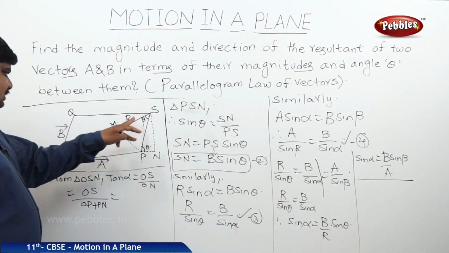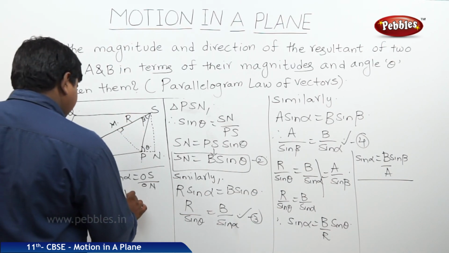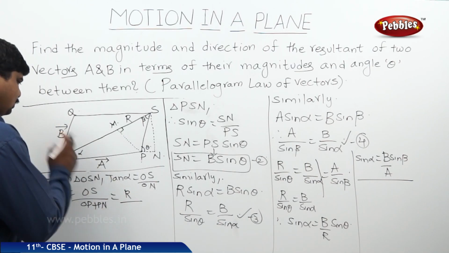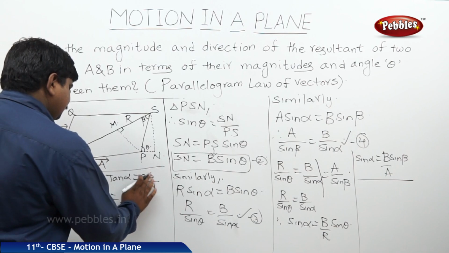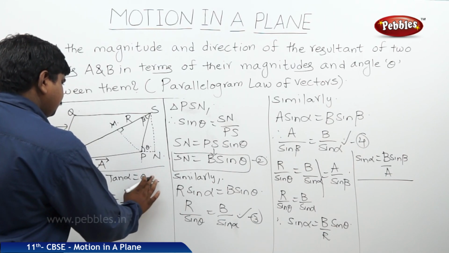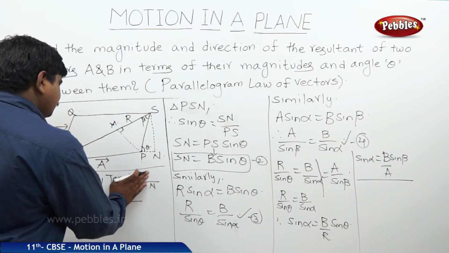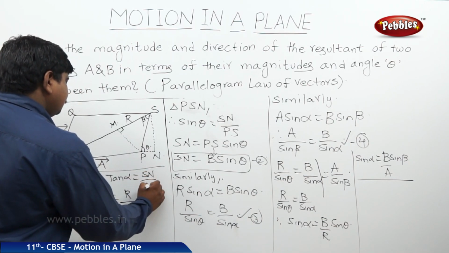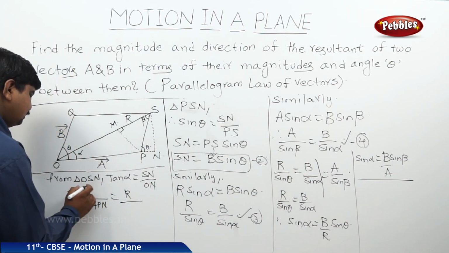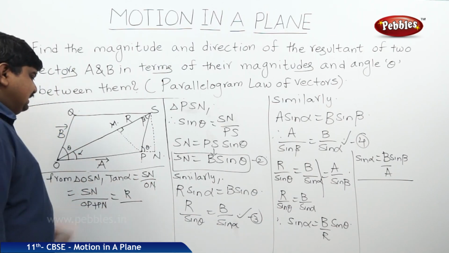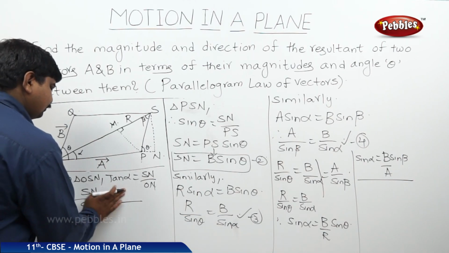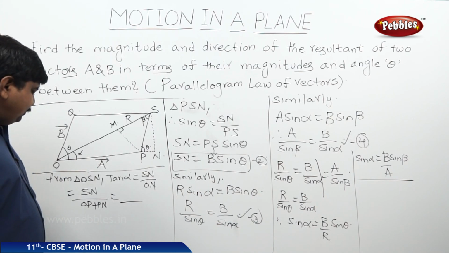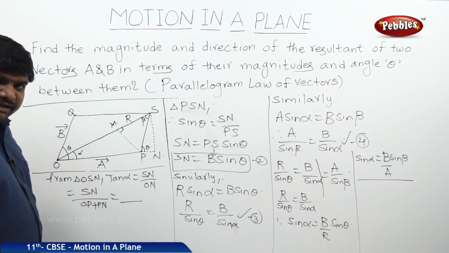So what is OP plus Pn? It is equal to A plus B cos theta.